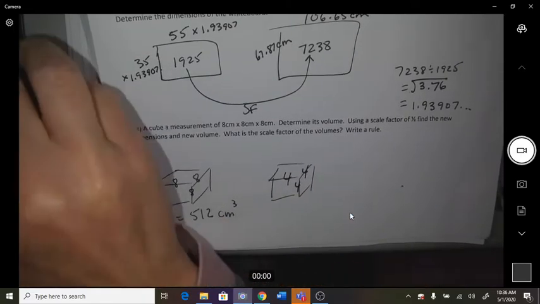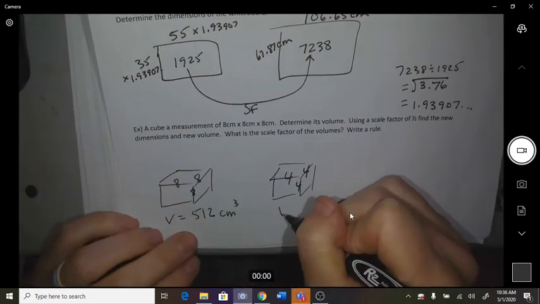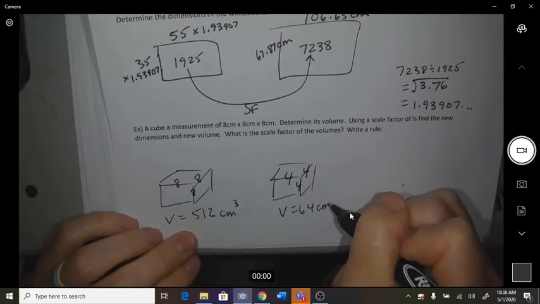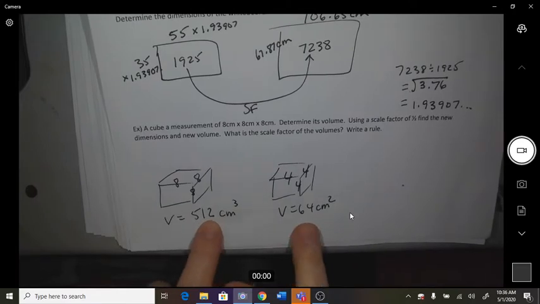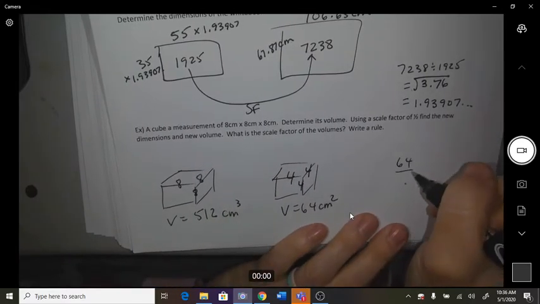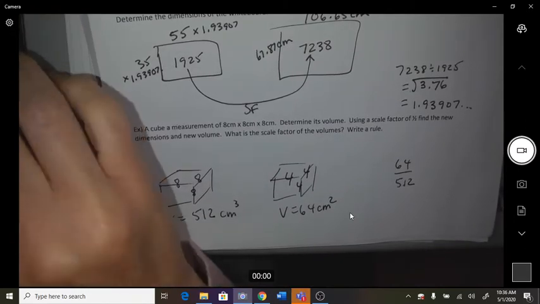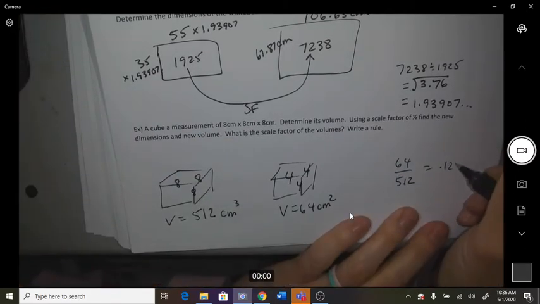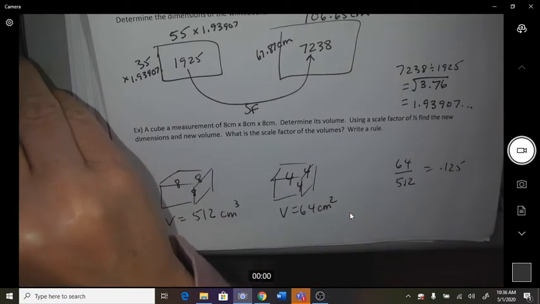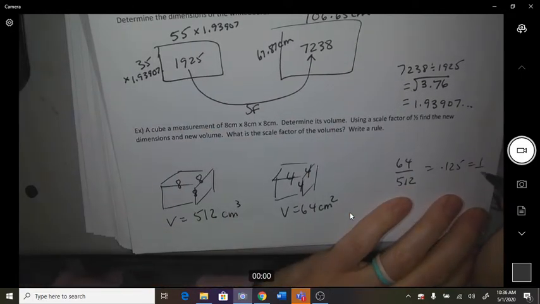So what is this new volume? So 4 cubed is 64. So let's figure out what happened between these. So 64 divided by 512 is 0.125, which is an eighth.